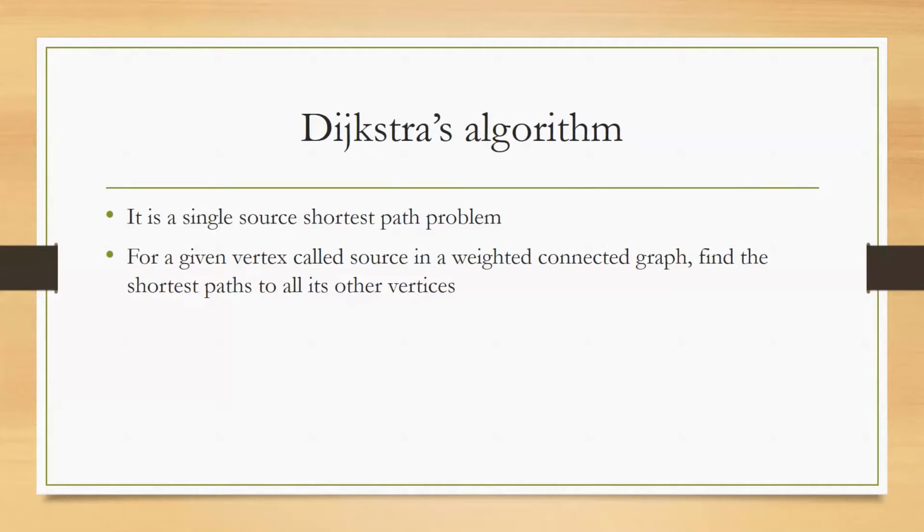That means from a given source, you have to calculate the distances for every other vertex in the given graph. Second point, for a given vertex called source, in a weighted connected graph, you have to find the shortest path to all its other vertices. So that is what I just explained.